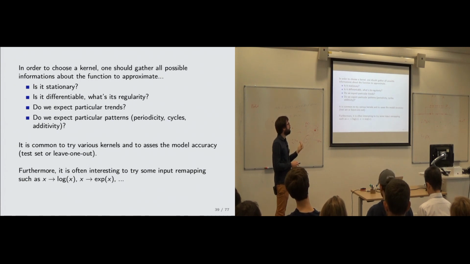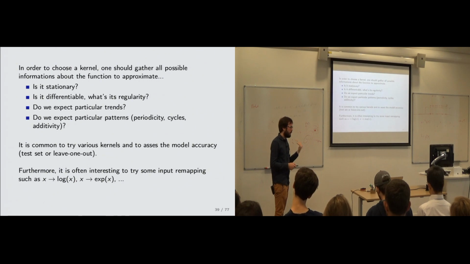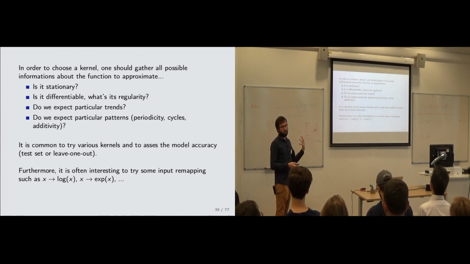You can sometimes get information about the differentiability of the phenomenon you want to approximate. Sometimes things are very smooth. If you're modeling a temperature, it comes from the heat equation, so you're expecting the solution to be smooth, right? So you should choose a covariance that is smooth according to this information you have from the physics.